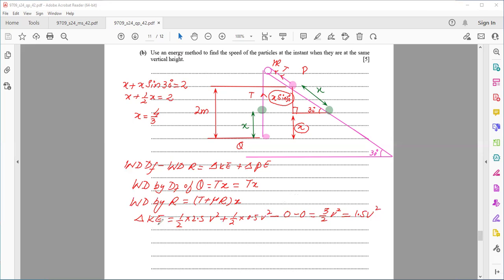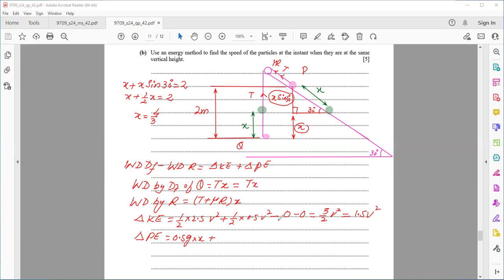Okay, now I have to find the change in potential energy. So final potential energy means when both the particles are at the green color positions. First of all, the potential energy at the green color position of Q will be mgh. M is the mass of Q, that is 0.5, if I'm not wrong, g as it is, and the height of this particle is x. Very good.